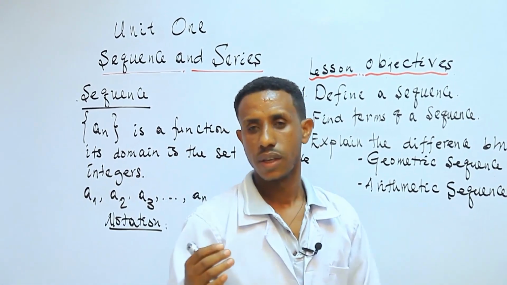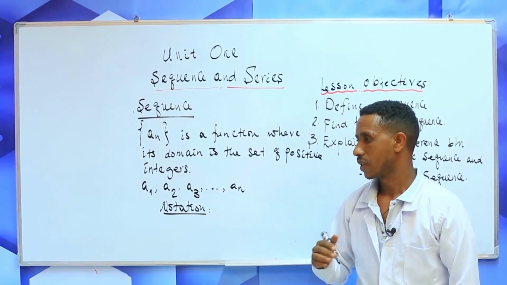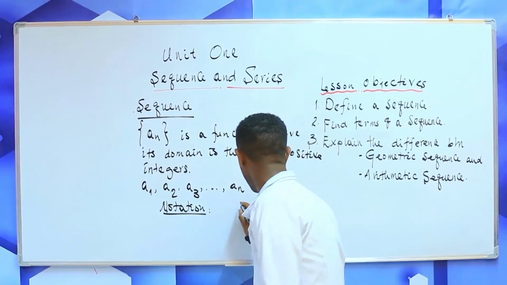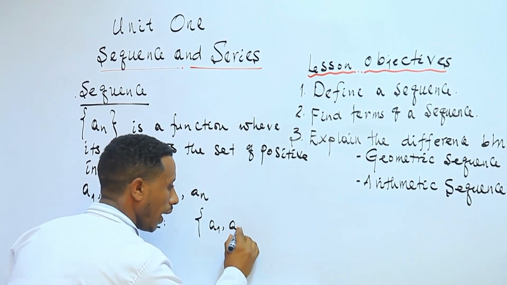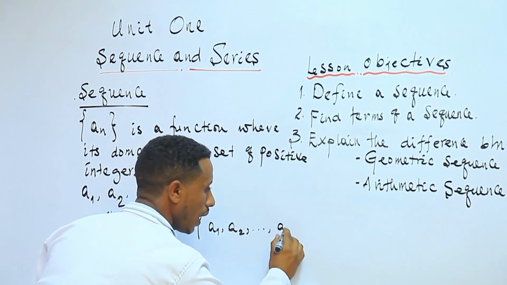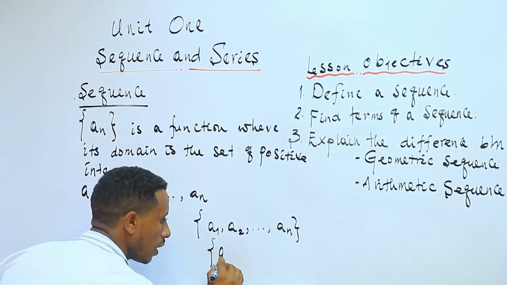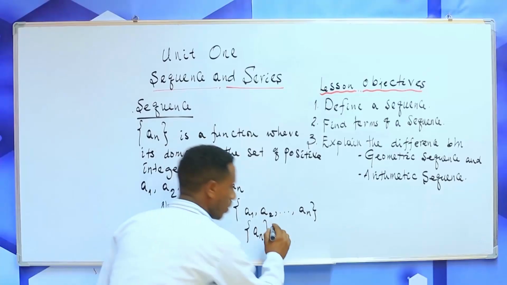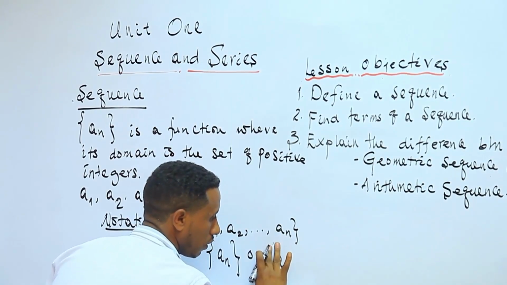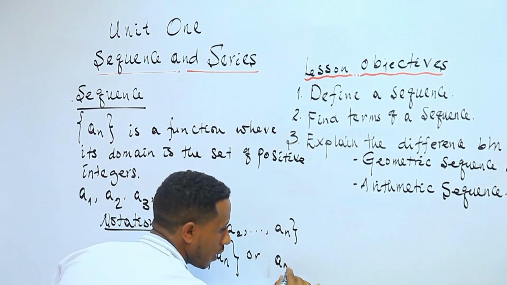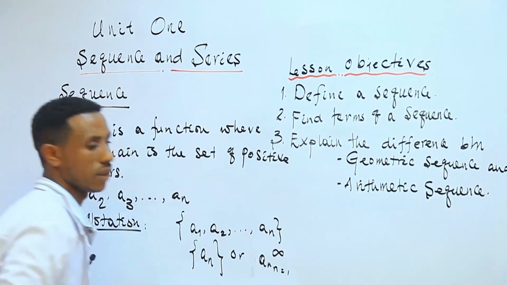A sequence may be denoted in different ways. Let's say, for example, this sequence a1, a2, up to an can be denoted by either this one or this one, where n starts from 1 up to infinity.